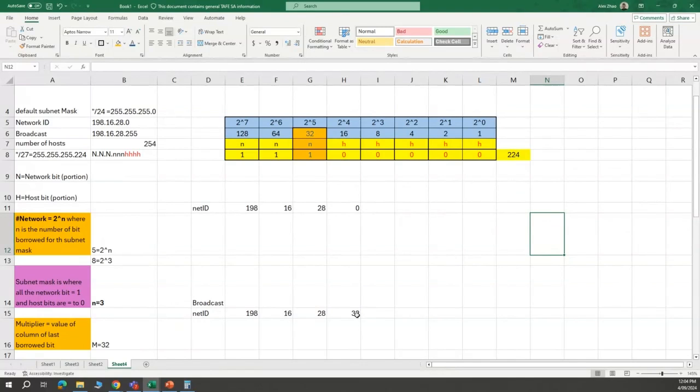The broadcast is just before it, one before it. If you want to think about it, if this is a block of land and I'm going to subdivide the land, and this room's the land, I'm going to divide it here. So up past this point is going to be the next lot of land, but before this point is going to be the last part of my land. So just before the next network is my broadcast. What's that?